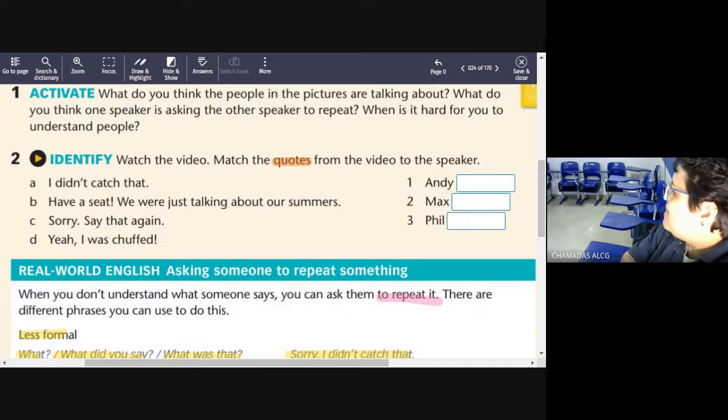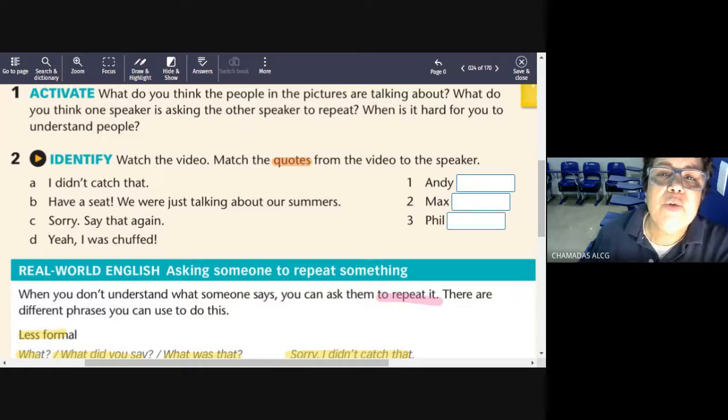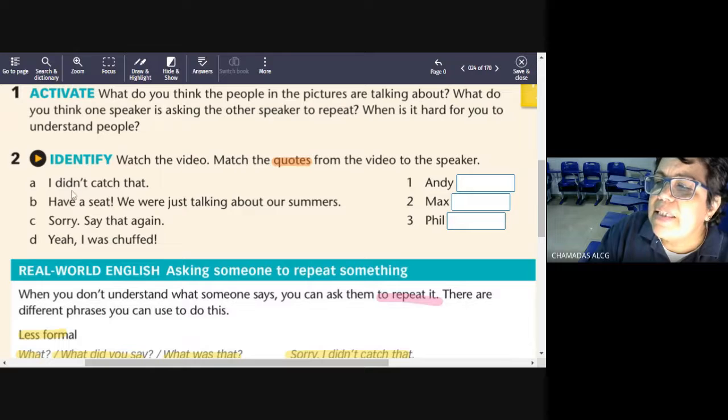No idea? A quote is when we reproduce what somebody said, like when we repeat or write a sentence that another person said before. So here, for example, I didn't catch that.